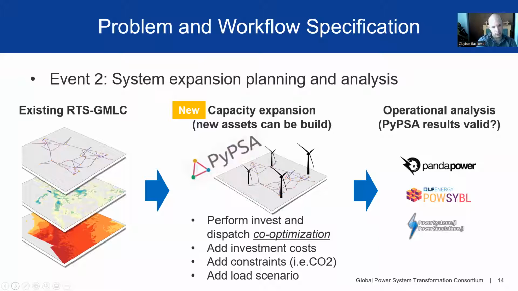So we're starting with the RTS GMLC base network, and then in principle, we're expanding or modifying that network through various analysis and calculations with PIPSA, and then using the PIPSA model results to instantiate various operational analysis, calculations, and modeling with Panda Power, Possible, and Power Simulations. And so that's generally the workflow.